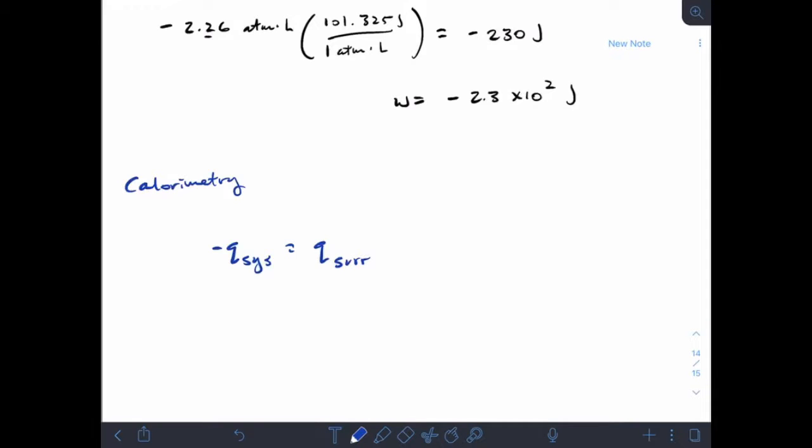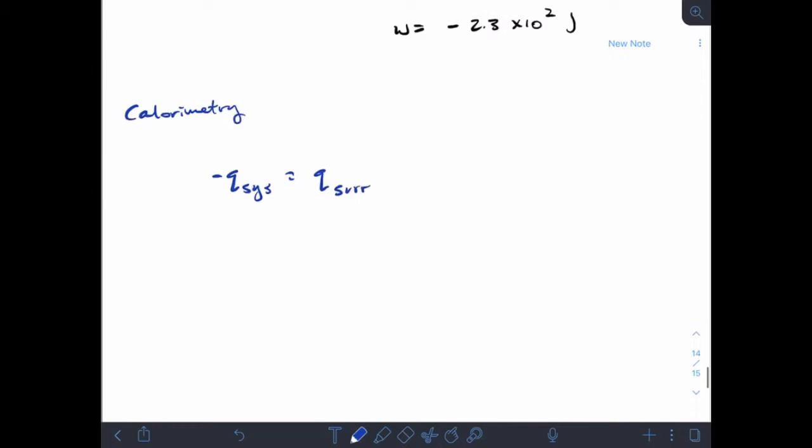The important thing being that the signs are opposite. And with calorimetry, Q of our system is going to be an object or a reaction, and the surroundings is everything else. So that will include the water in the calorimeter itself.